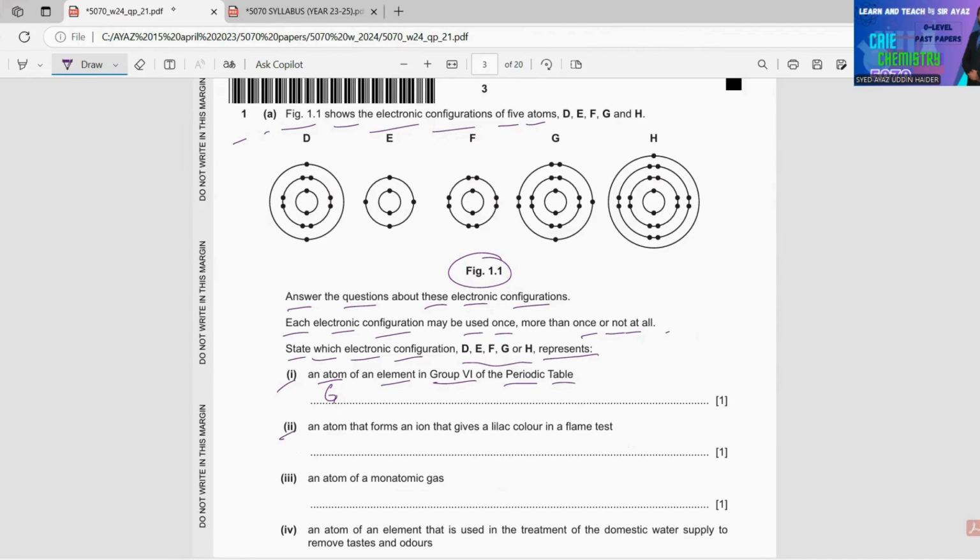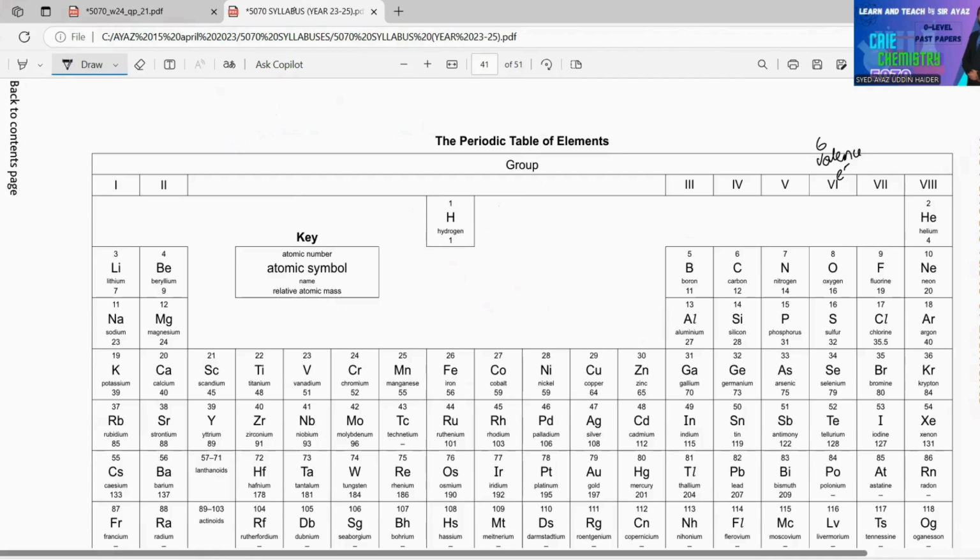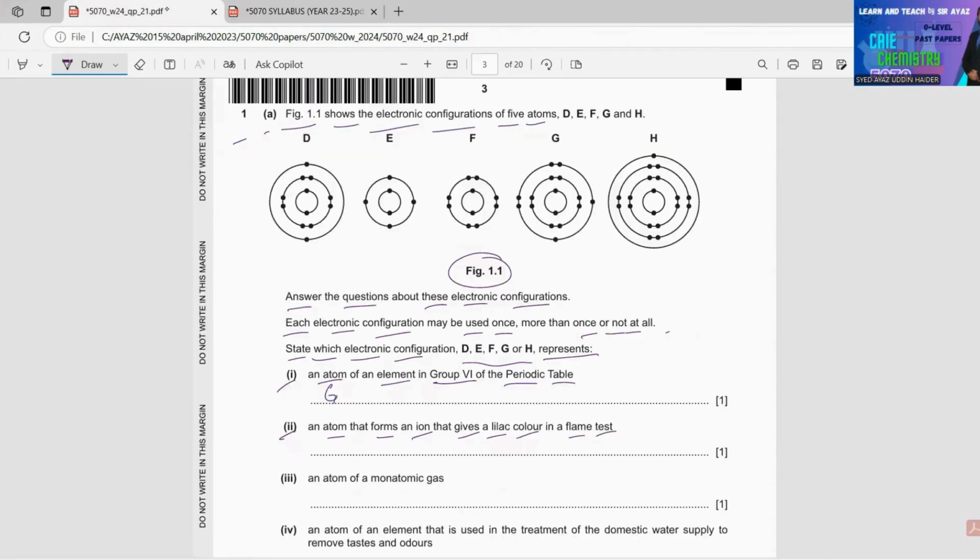So it's incorrect. So G will be the final answer. Number 2, an atom that forms an ion that gives a lilac color in a flame test. You see potassium, it's in group 1. It forms a lilac color in a flame test and its electronic configuration has 19 electrons, with 1 valence electron. But you have to count all the electrons.